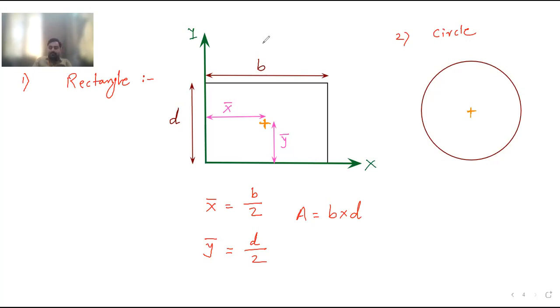Now suppose R is the radius of the circle and D is the diameter of the circle. Then I will draw the reference axis. This is my reference x-axis.